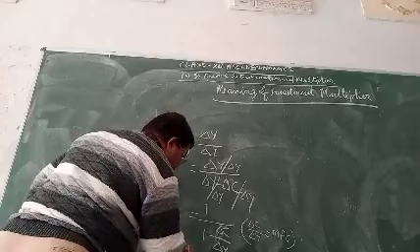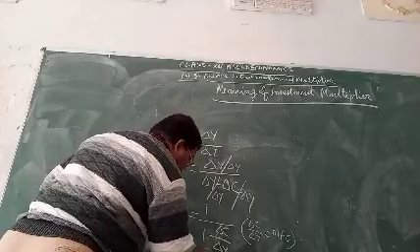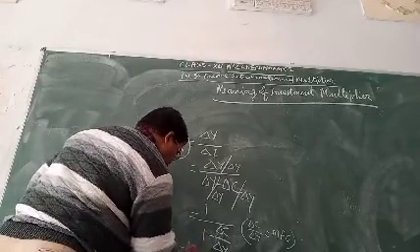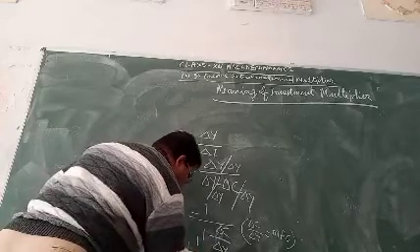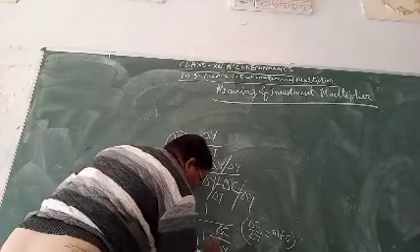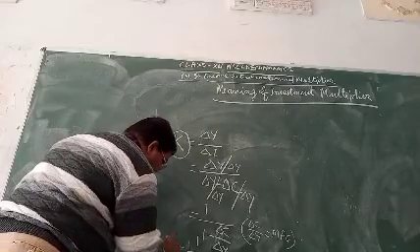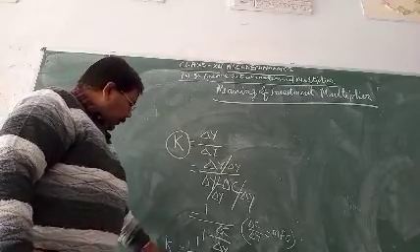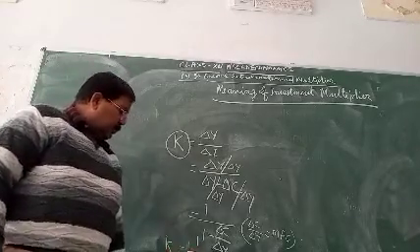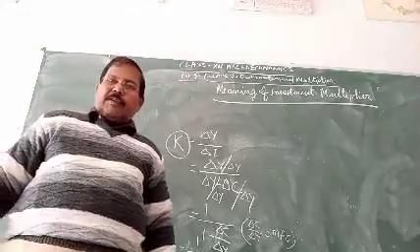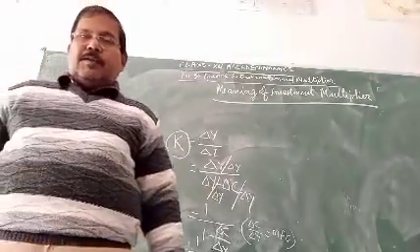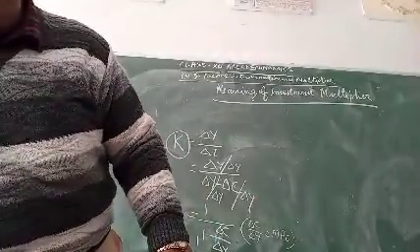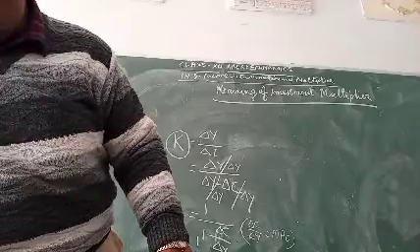Then we can write this as 1 upon 1 minus MPC. This is the formula of multiplier K. K is equal to 1 upon 1 minus MPC. This is the relationship between the multiplier and marginal propensity to consume.